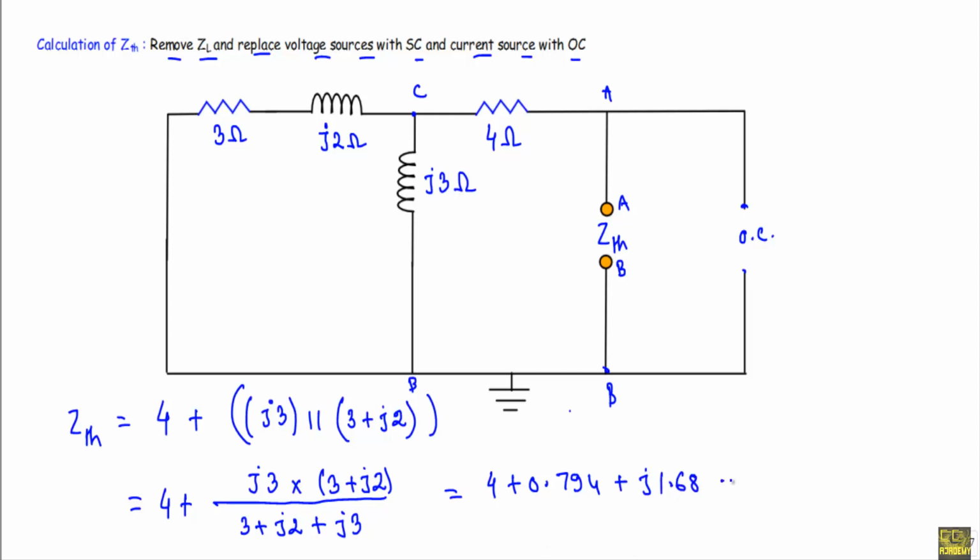So in this circuit the Thevenin impedance ZTH will be equal to 4.794 plus j1.68 ohm. So this is our Thevenin impedance.